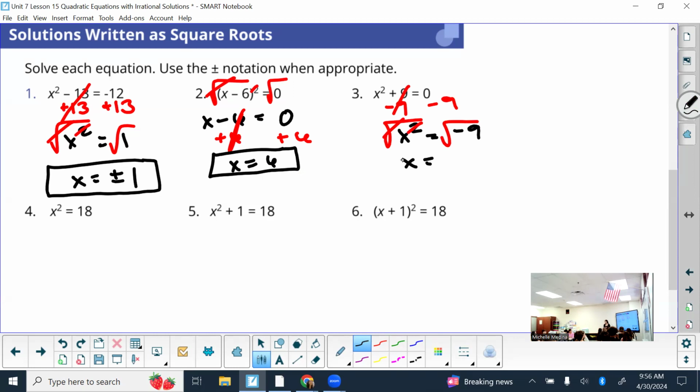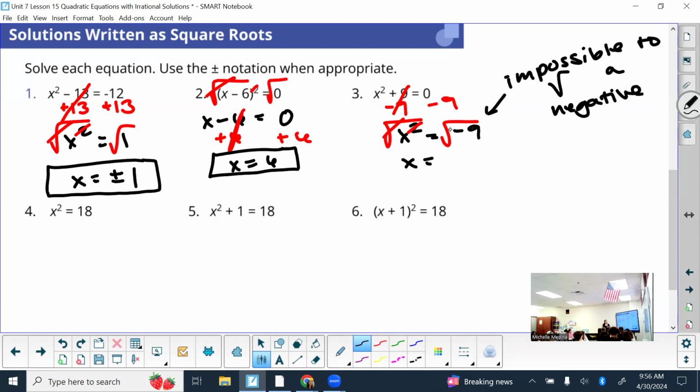Nice try. It's impossible. If you try that in your calculator, square rooting a negative, you will get undefined or another error message. You can use a different calculator, but that is impossible, at least at this level. So it's impossible to square root a negative.